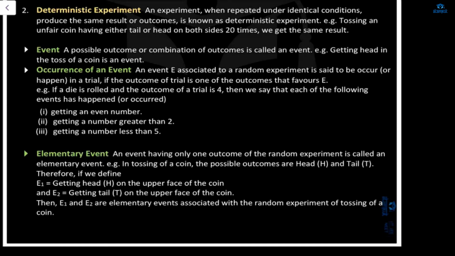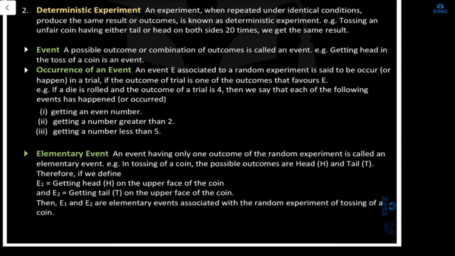Now, occurrence of an event. So what do we mean by occurrence of an event? An event E associated with the random experiment is said to occur in a trial if the outcome of the trial is favorable to it. I'll explain this with an example. Say you have thrown a dice. You can get any of the numbers 1 to 6.